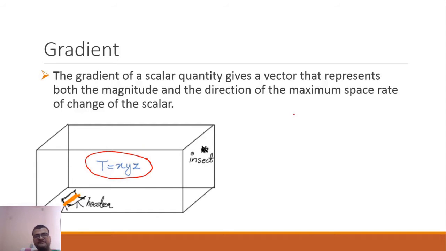Gradient will help us understand how much and in which direction the insect should move to get the maximum change in temperature. If you find the gradient at a point in this room, let's say the point where the insect is located, you will get to know the shortest distance this insect has to travel in a straight path, obviously, to reach the highest temperature, maybe towards this heater. And this is the significance of gradient.